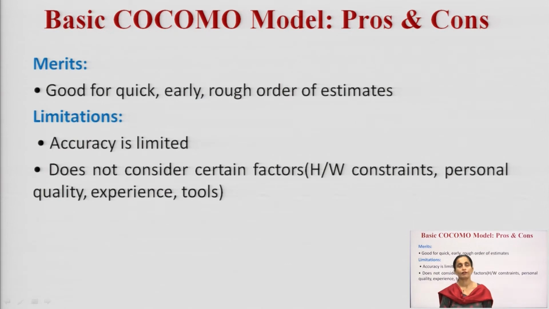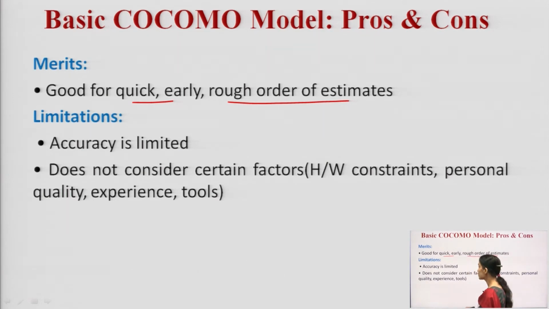The basic advantage of using this basic COCOMO model is that it is very good for quick, early and rough estimates of my software product. If I want to calculate the effort, cost and productivity very quickly and take a rough figure, then this model is very good.